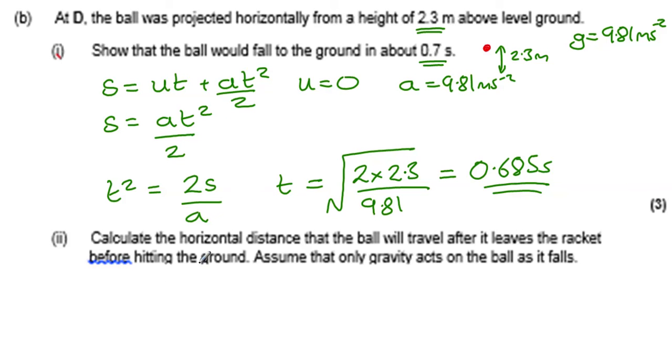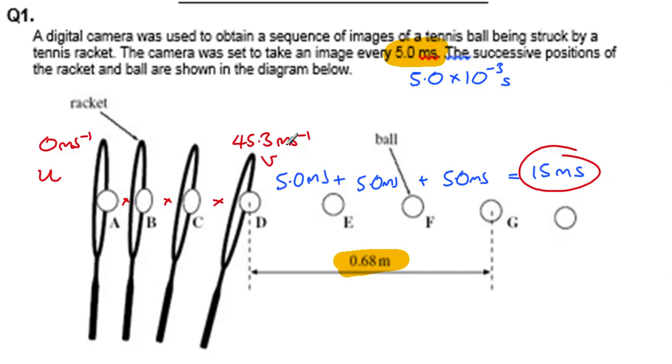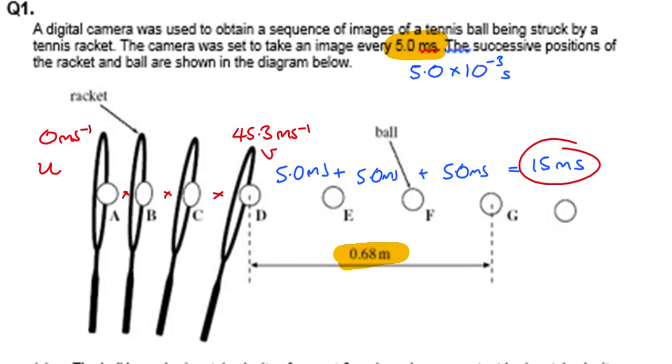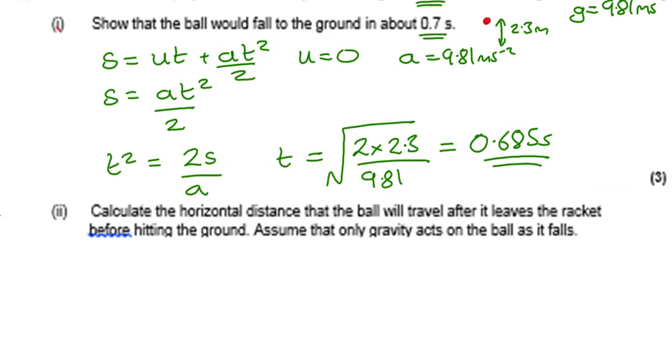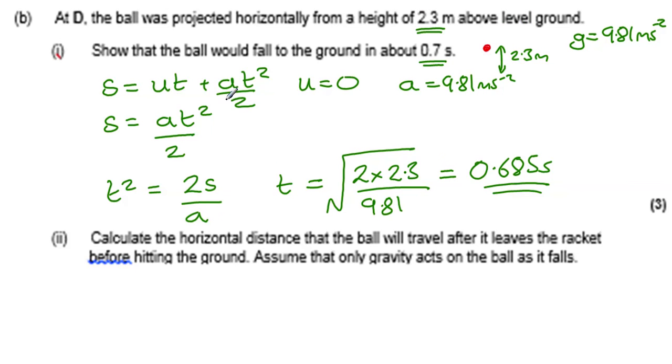And then again, this is separating horizontals and verticals. Calculate the horizontal distance the ball will travel. We know back from here that it's travelling at 45.3 meters a second horizontally. We know from this calculation that it's going to be in the air for 0.685 seconds. So this lot here was horizontal movement, and then using the vertical to work out the time.